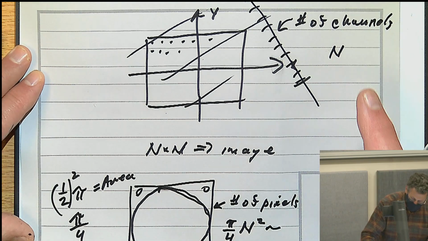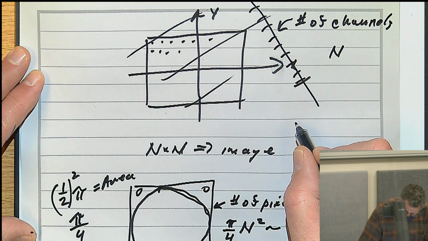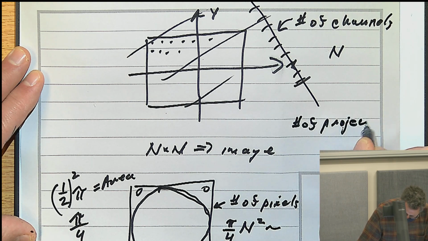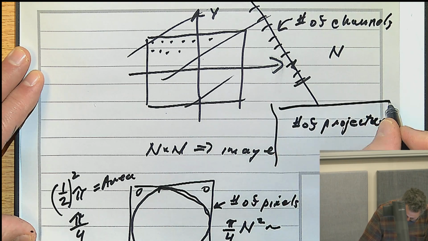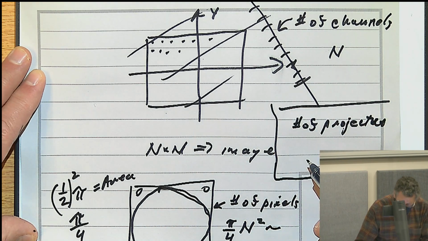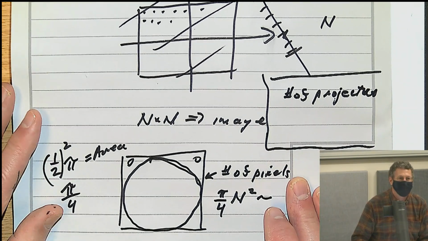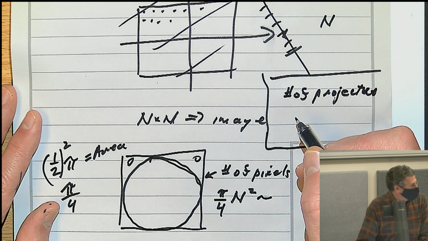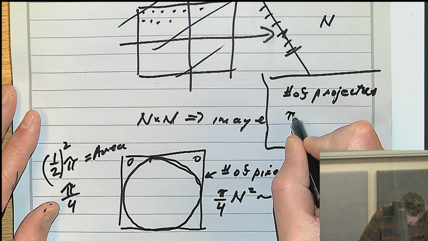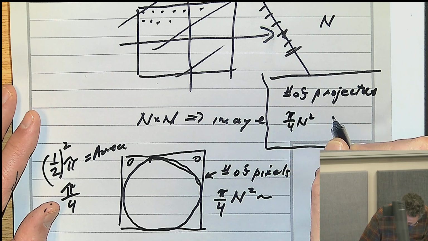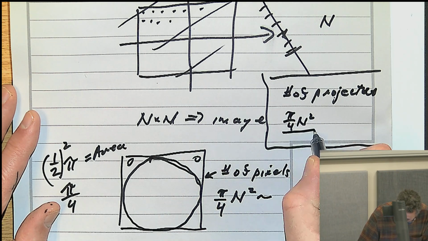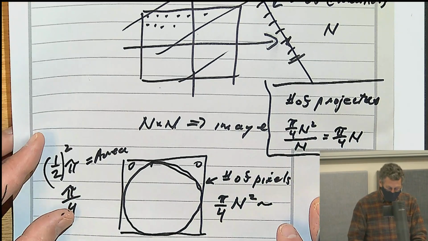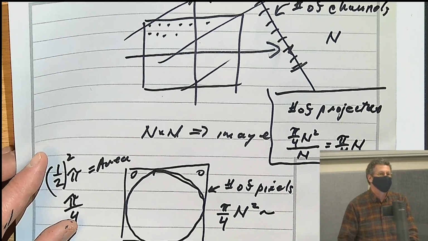So the number of projections is: the number of measurements, pi over 4 times n squared, divided by n, is equal to pi over 4 n. So you need pi over 4 n projections.